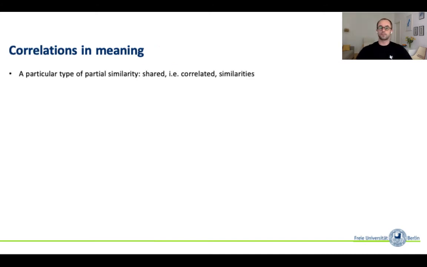Right. Another thing that we can use to show that there is something like semantic features within a more complex meaning of an expression are correlations in meaning. A correlation in meaning describes a particular type of partial similarities, of shared correlated similarities.